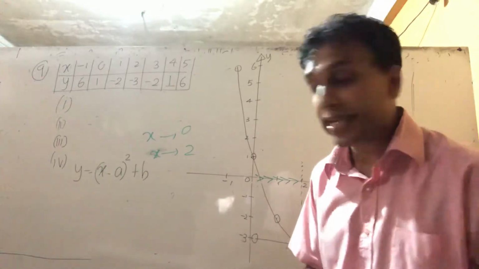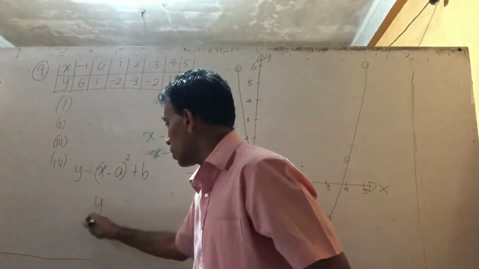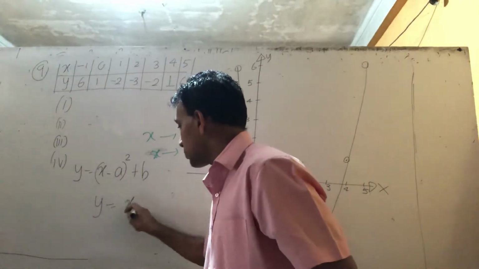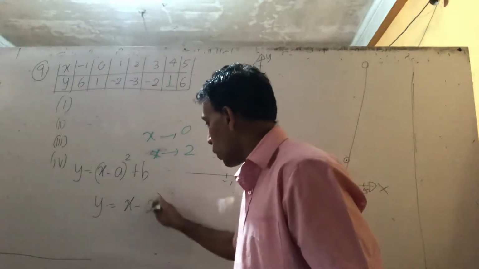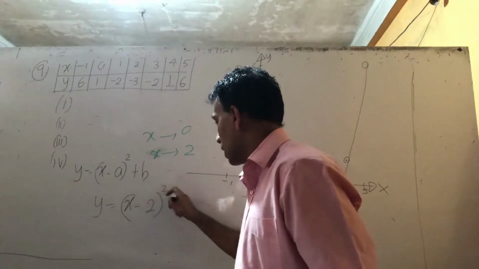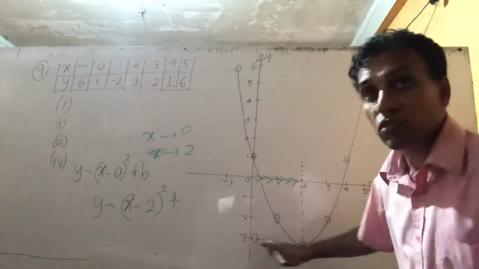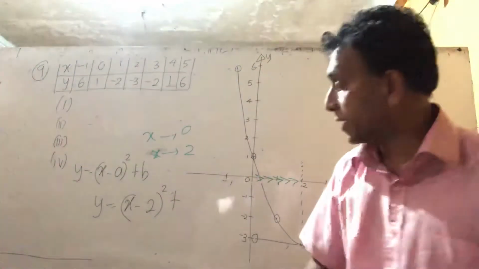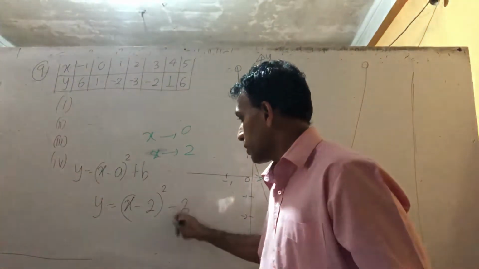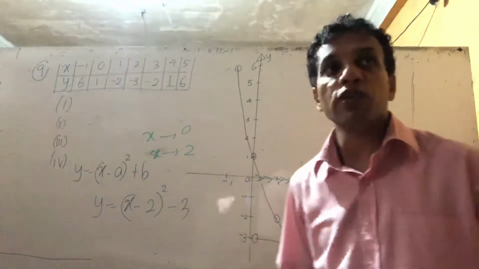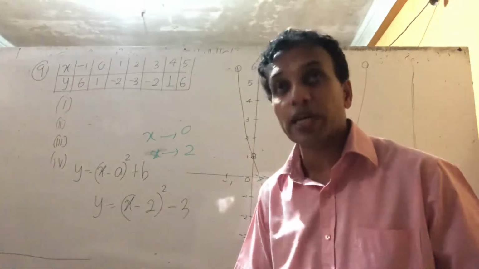So the answer is y equals (x minus 2) squared plus the final value, the minimum y coordinate, -3. Now we know the equation of the curve.